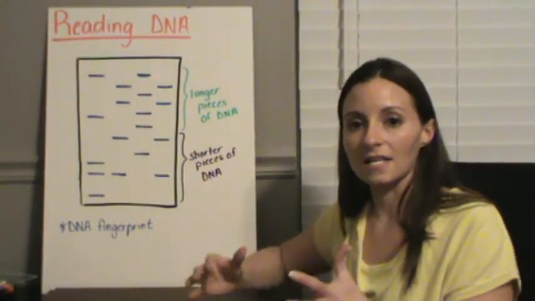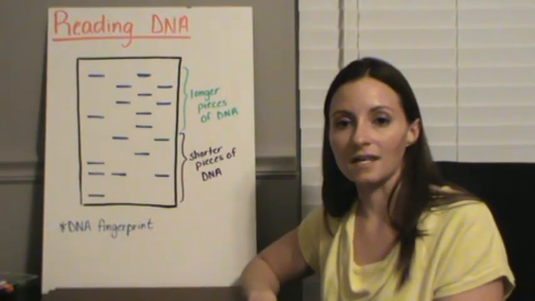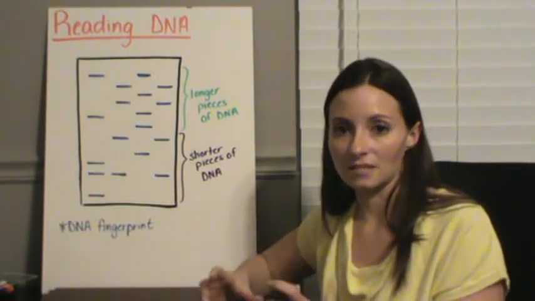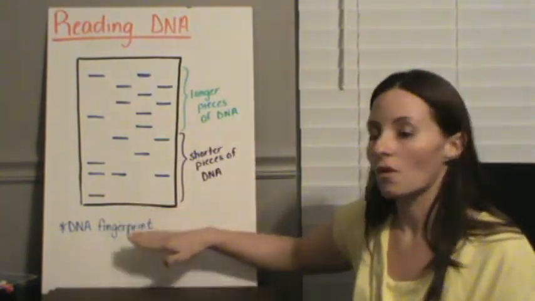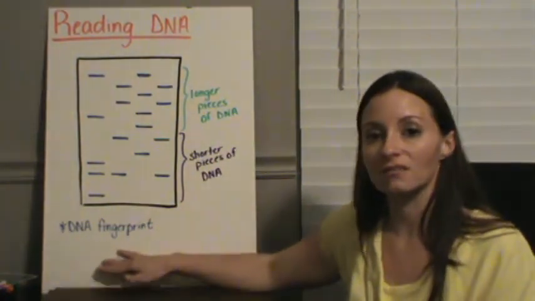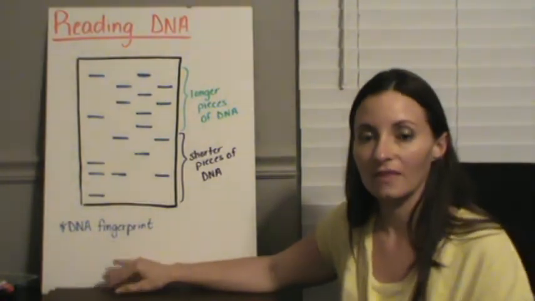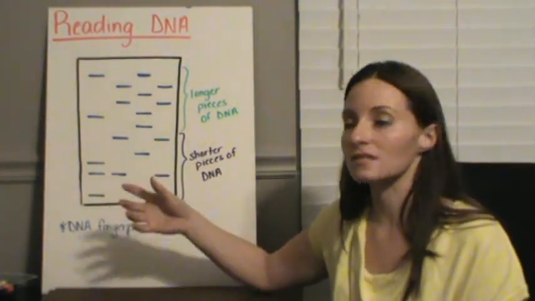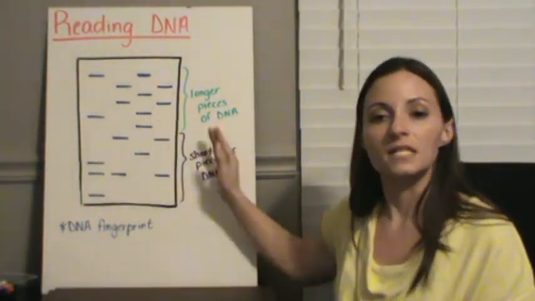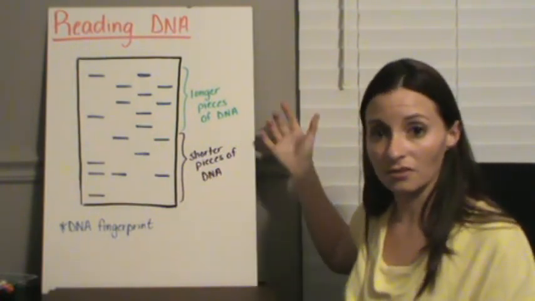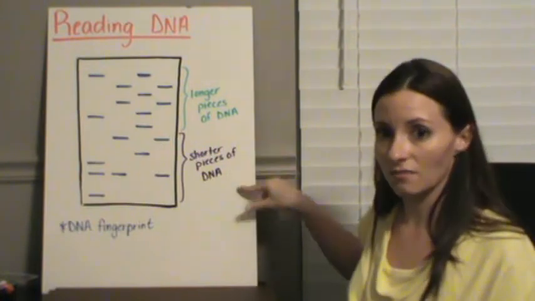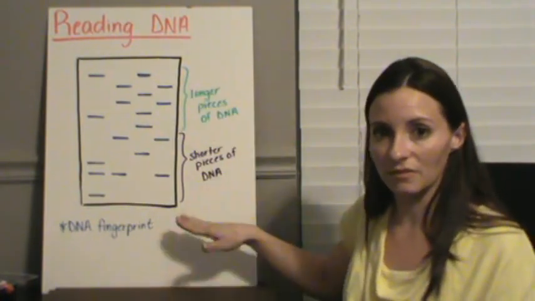We stick it in a dye, and the only thing that picks up the dye is those DNA pieces. So with that, you get this picture of what's called a DNA fingerprint. And this allows us to compare people's DNAs. Longer pieces are at the top because they're harder to move through. Shorter pieces are down near the bottom because they're easier to move through.